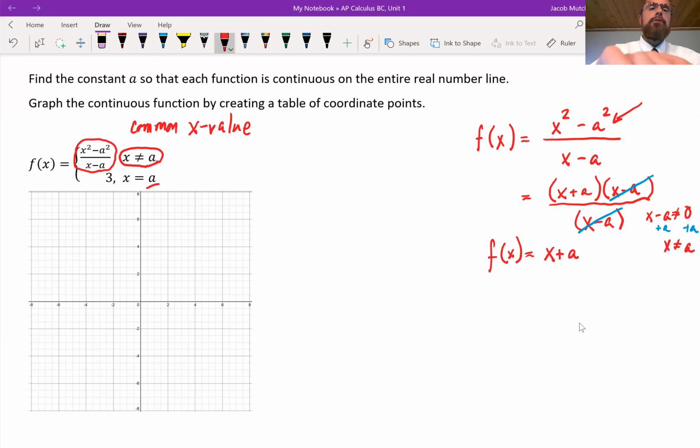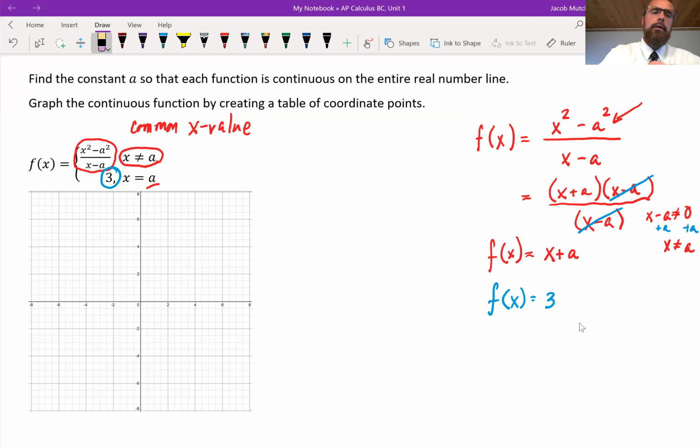The second function of this piecewise function is simply 3. So we're going to look at f of x equals 3. And at that point, what I want to do is I want to substitute in that common x value of a.